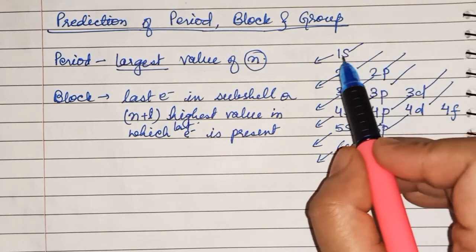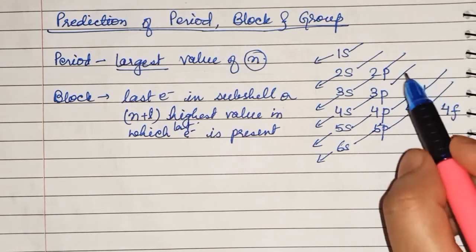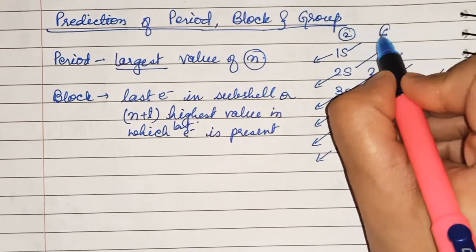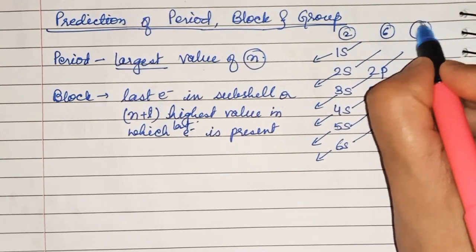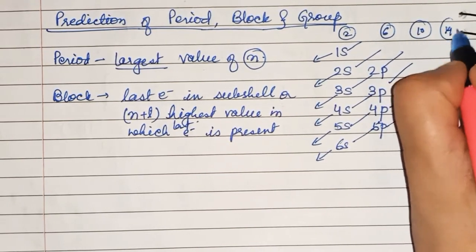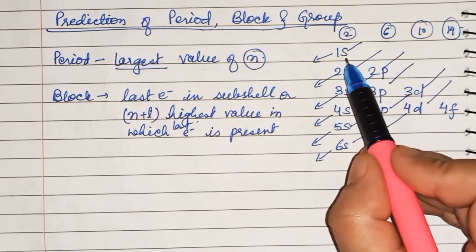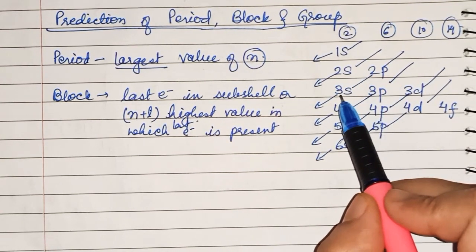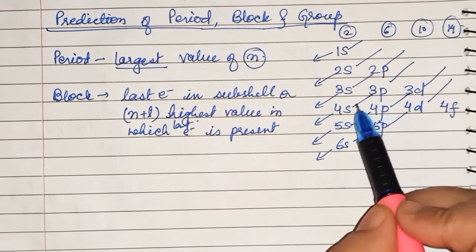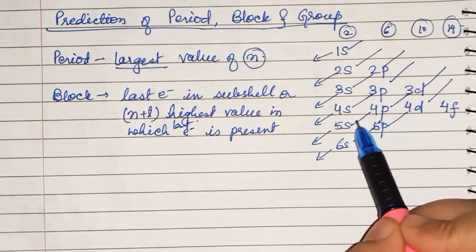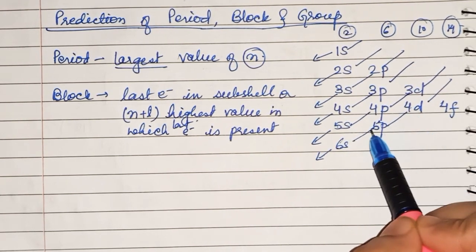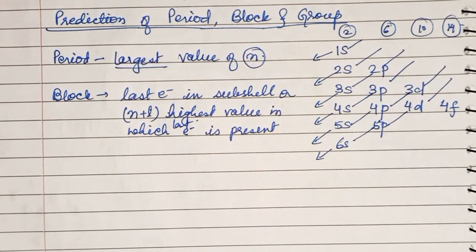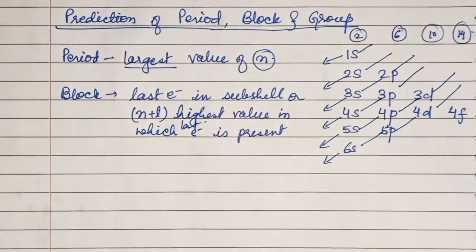So children, you have to remember the sequence in which electrons fill the subshells. First the electron enters 1s, then 2s, then 2p, 3s, 3p, 4s, 3d, 4p, 5s, then 4d, 5p, and 6s. It will go like this. I have told you in the previous video how it works.